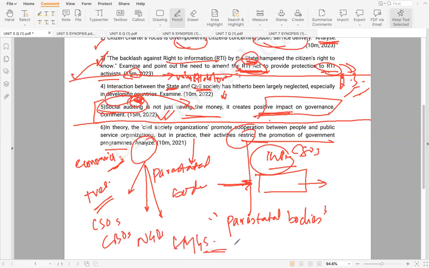Sir, can government bodies be included in this? No, they cannot be. We are saying that they are acting as parasites on the government bodies. Okay.